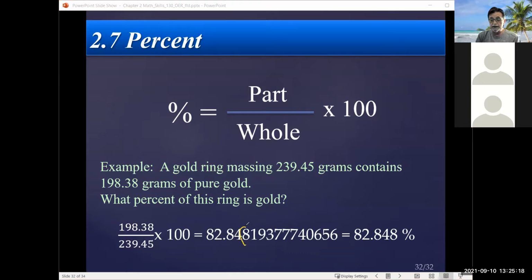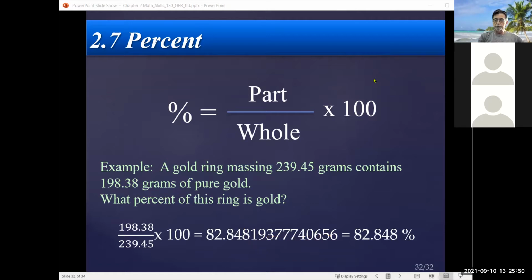So that means that 8 is our 5 sig fig position, and everything else to the right is going to be truncated. Now we have to determine, we're going to round that 8 and find out, do we keep it at 8 or round it up? We look at the neighbor, which is a 1. It's less than 5, so therefore the 8 remains as 8, and we report that as 82.848%.